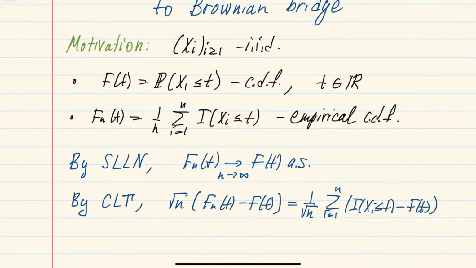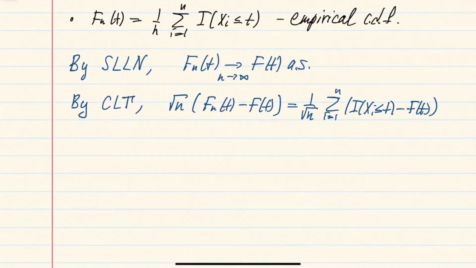Then we know by the central limit theorem that this converges in distribution to a Gaussian distribution with mean 0 and variance given by the variance of one term.